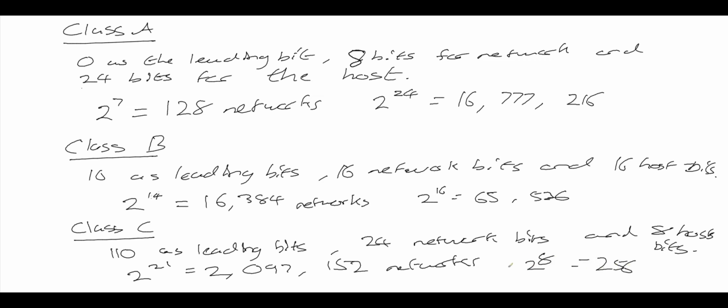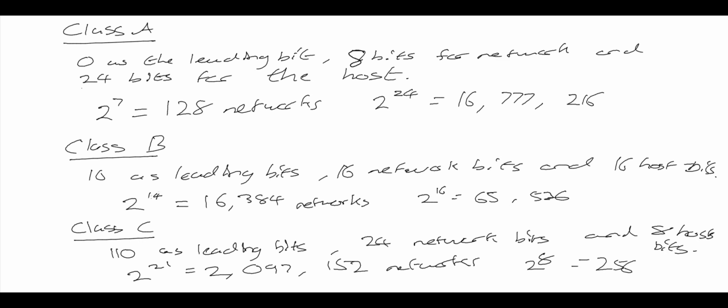Okay, so those are the different classes of IPv4 addresses that you're likely to come across. There is such a thing as a Class D address, but that's not for unicast traffic, and all that means is unicast is sending a packet to a single PC.